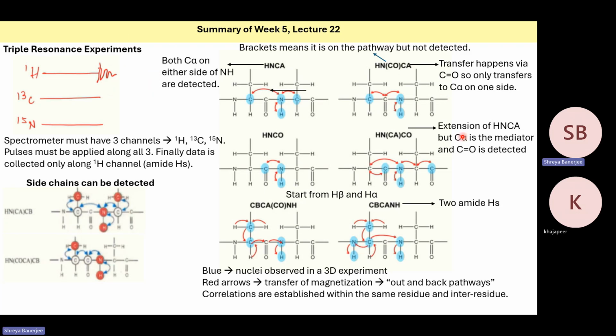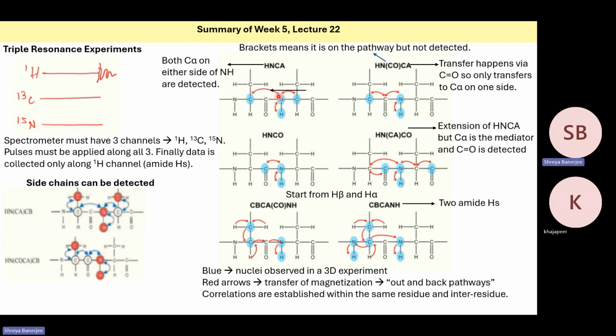We will look at some examples of triple resonance experiments. One is HNCA. Whatever is shown by these blue circles are the nuclei that are observed in the 3D experiment.